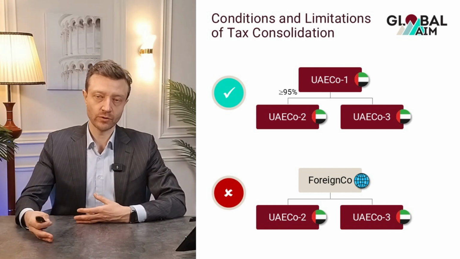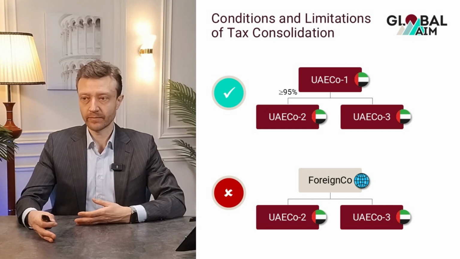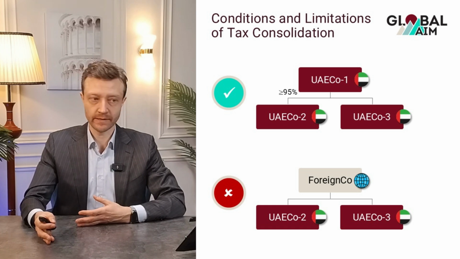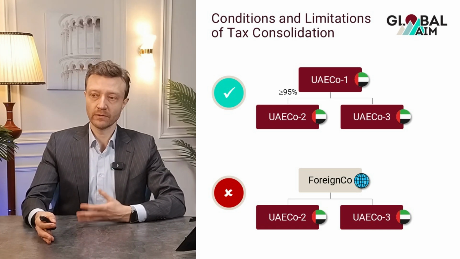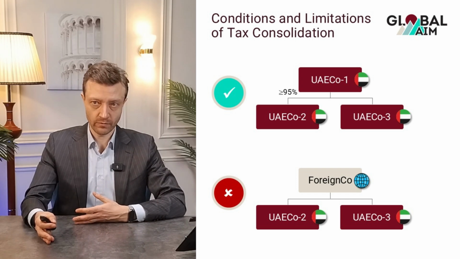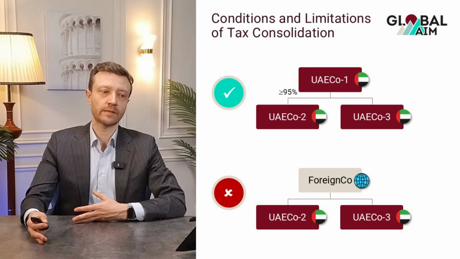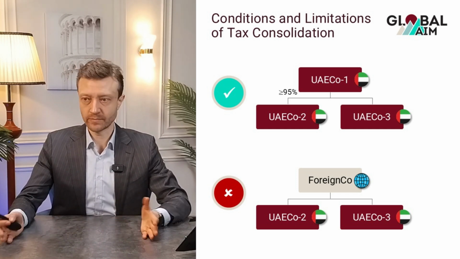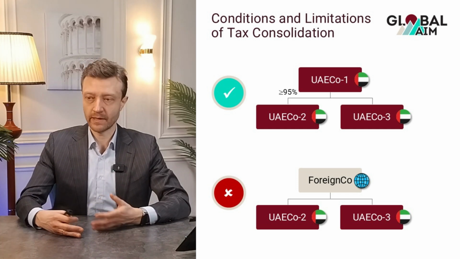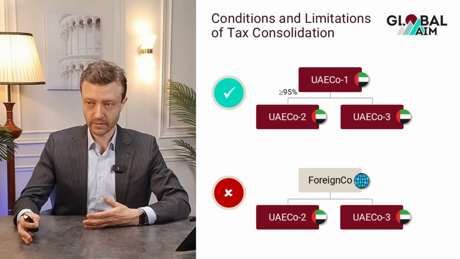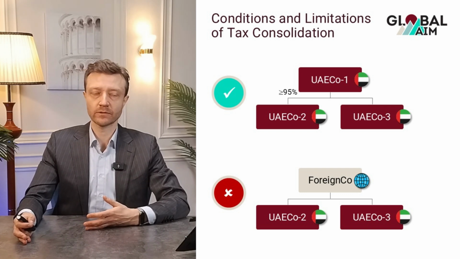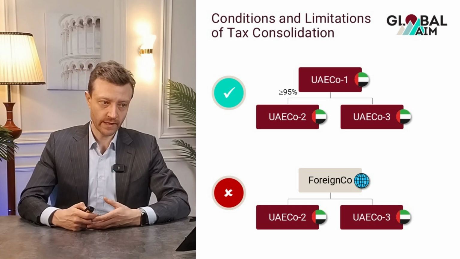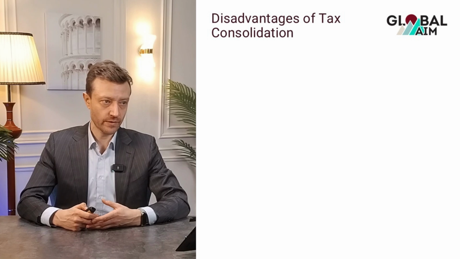There is a requirement to have a domestic parent company, and even if there is a parent company in the United Arab Emirates, but it is a resident of a free trade zone, the tax group cannot be formed either, which is sometimes restrictive. So on the surface, there are two affiliated companies, two subsidiaries. They are parts of the same group, but they cannot join the tax group in the United Arab Emirates, because there is no single parent company in the United Arab Emirates which qualifies for the condition to be a parent company of the group.